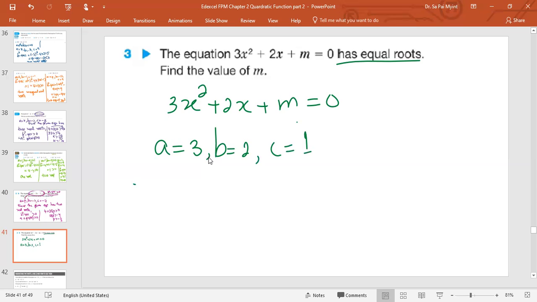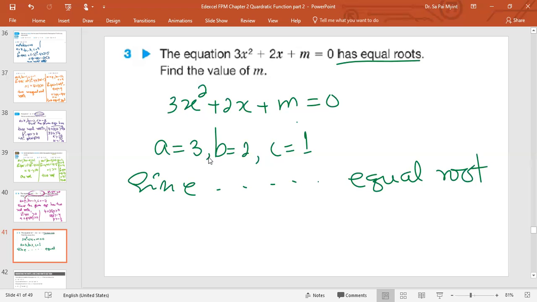What is given? Since the given equation has equal roots, what is the discriminant? b squared minus 4ac equal to 0.